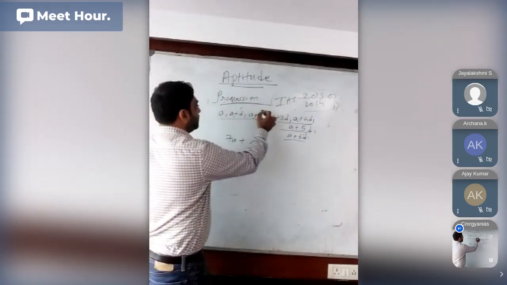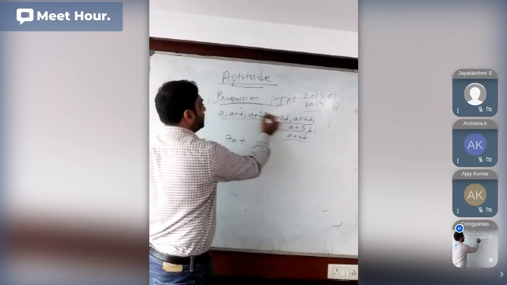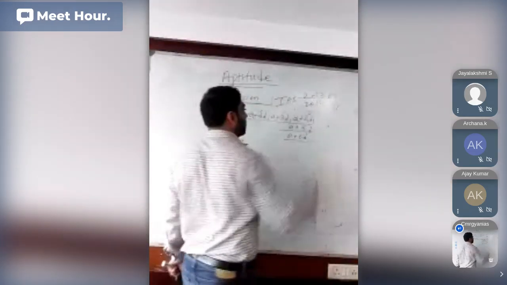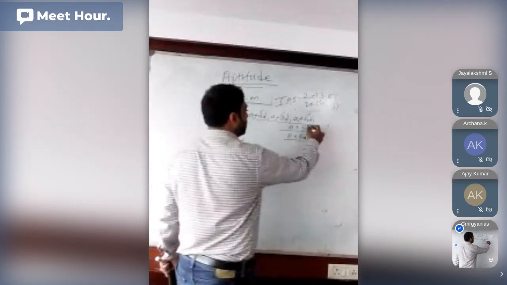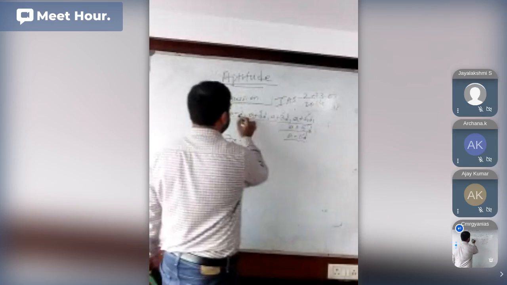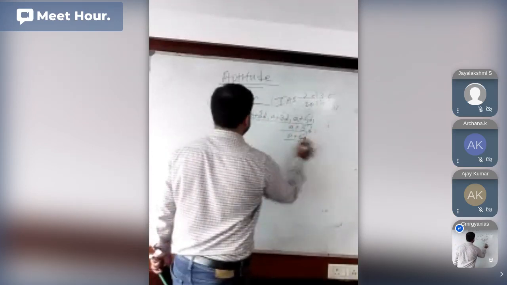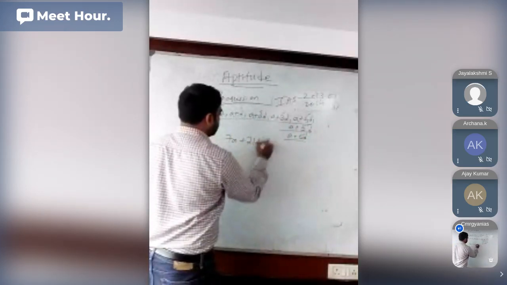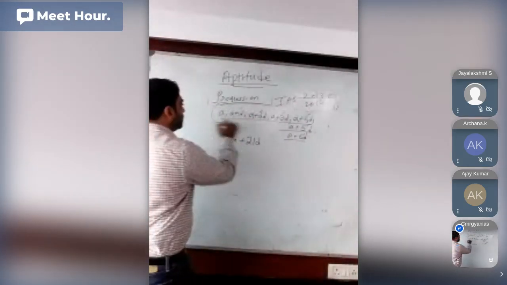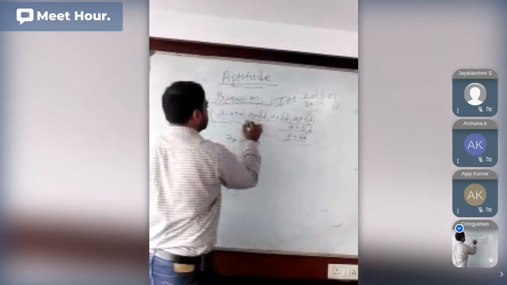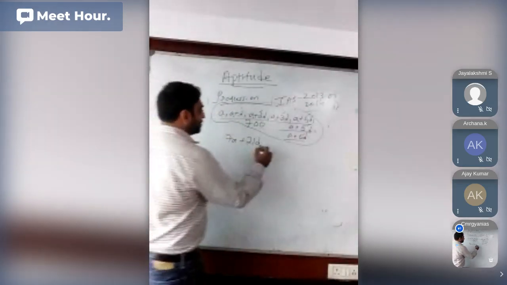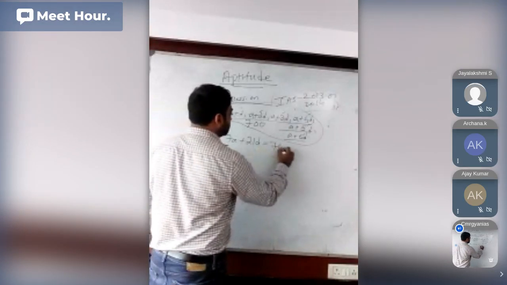This is 1D, this is 2D, so it is 3D. 3 plus 3, it is 6D. 6 plus 4, it is 10D. 10 plus 5, 15. 15 plus 6, 21. So if you add all these D's, it becomes 21D. The total is 700 rupees. So 7A plus 21D is equal to 700.